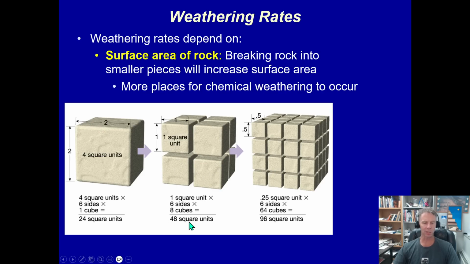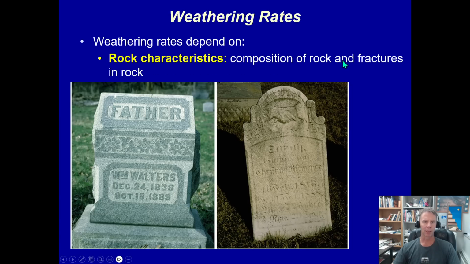That's 48 faces of the rock. And so we've got more area of the rock, more opportunities for the weathering to break down the rock. And if you took those cubes and broke those up even more, you'd have even more faces exposed to the weathering processes. So the point is, as rocks break down into smaller and smaller pieces incrementally over time, the weathering rates tend to accelerate to some degree.